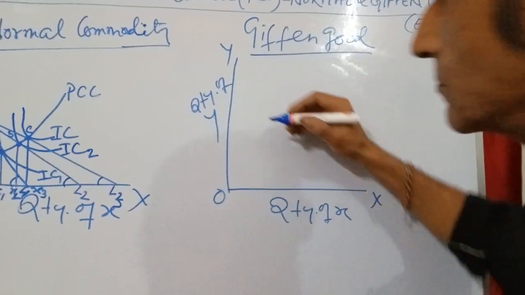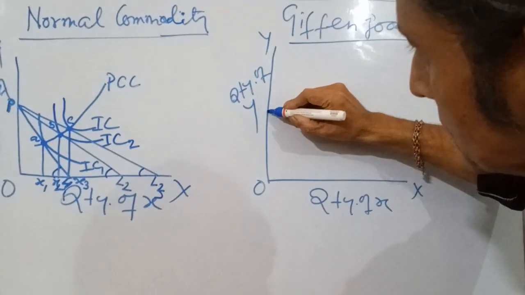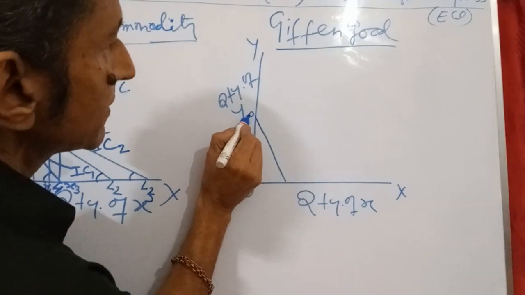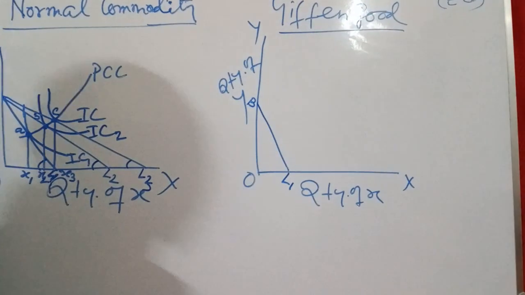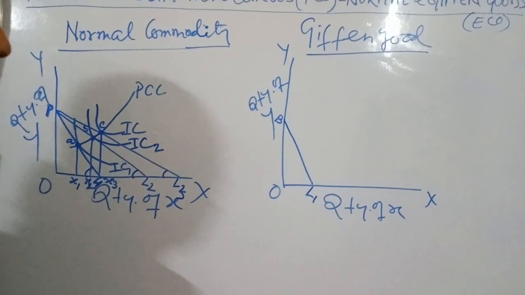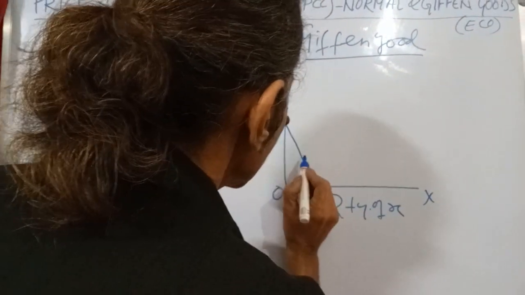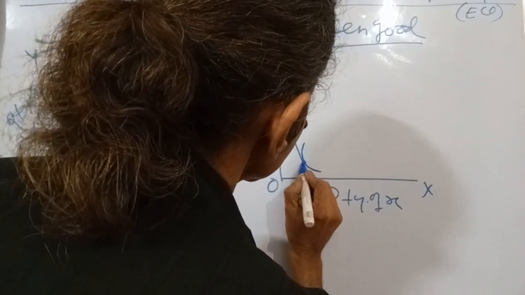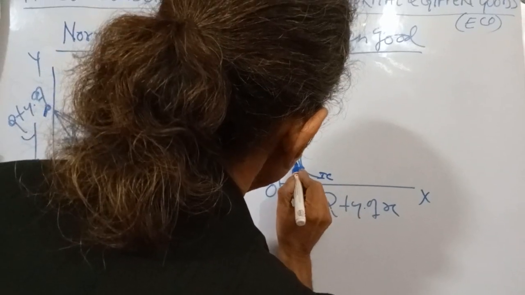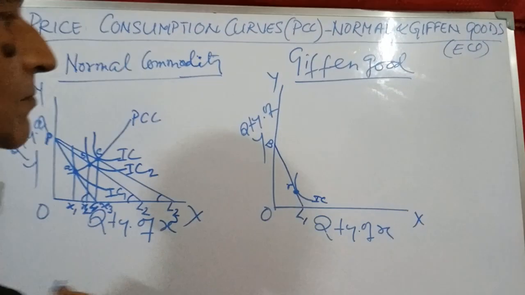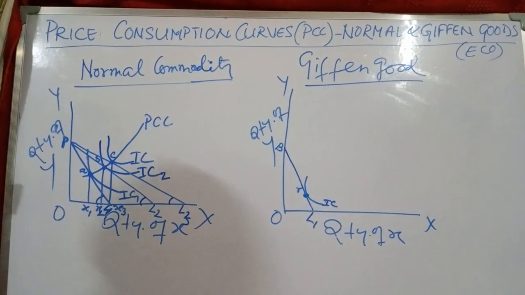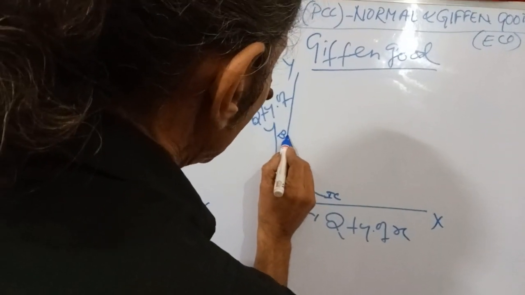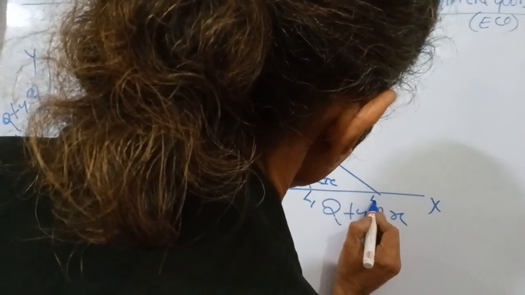Suppose BL1 is the initial budget line and the consumer was in equilibrium, say at point R. Now, as the price of X falls, the new price line becomes PL2.